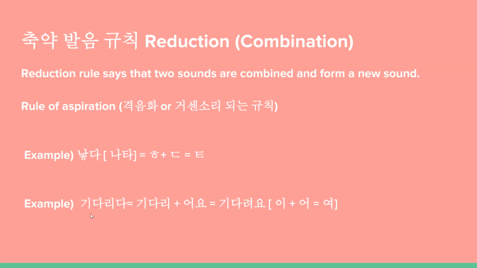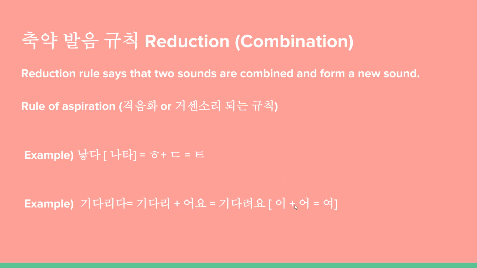And the next one is 기다리다. When we want to say 기다려요, usually it should be written like this, 기다리어요. But when the i sound vowel meets the eo sound, you can just say 여. So as you can see, 기다려요.